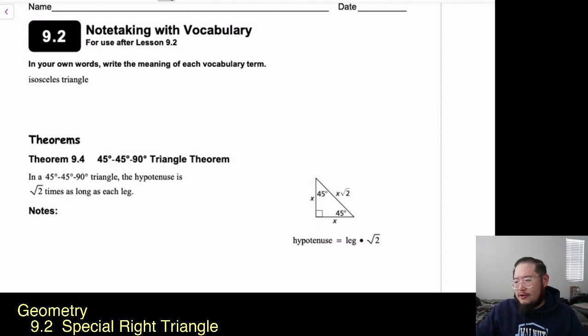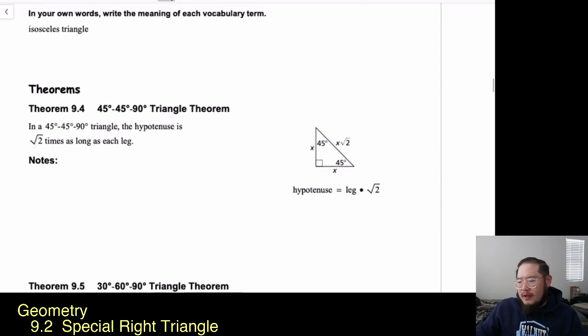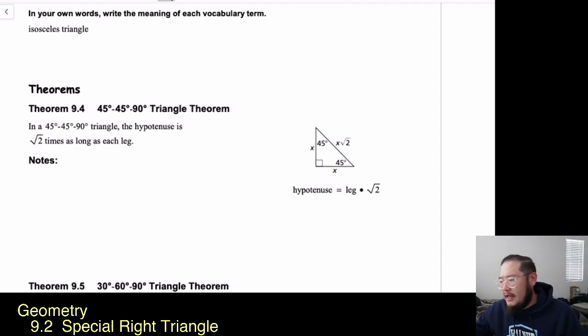So right here, the first theorem is this 45, 45, 90 triangle. And this is a special right triangle. And the thing right here is that, remember, because two of the angles are congruent, the sides opposite of them, the legs, are congruent as well.